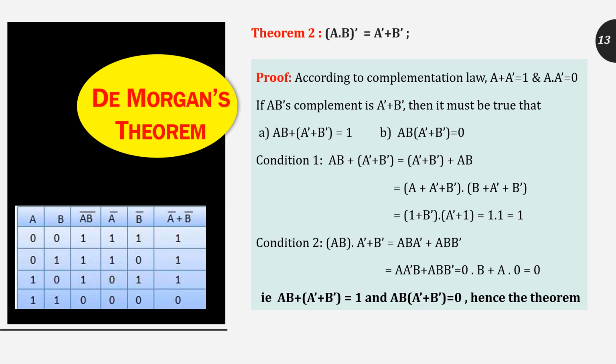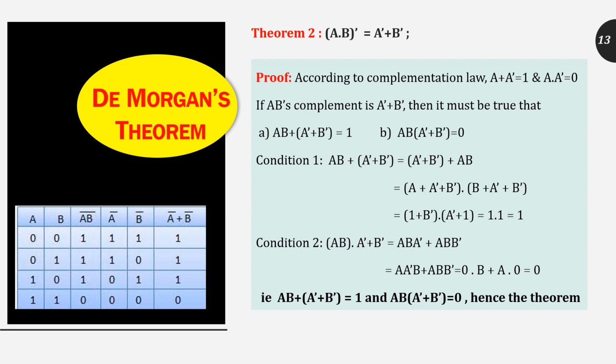First let us look into condition 1, AB plus (A bar plus B bar). We are just changing the order, writing it as A bar plus B bar plus AB. Then we apply the distributive law: (A plus A bar plus B bar) into (B plus A bar plus B bar).